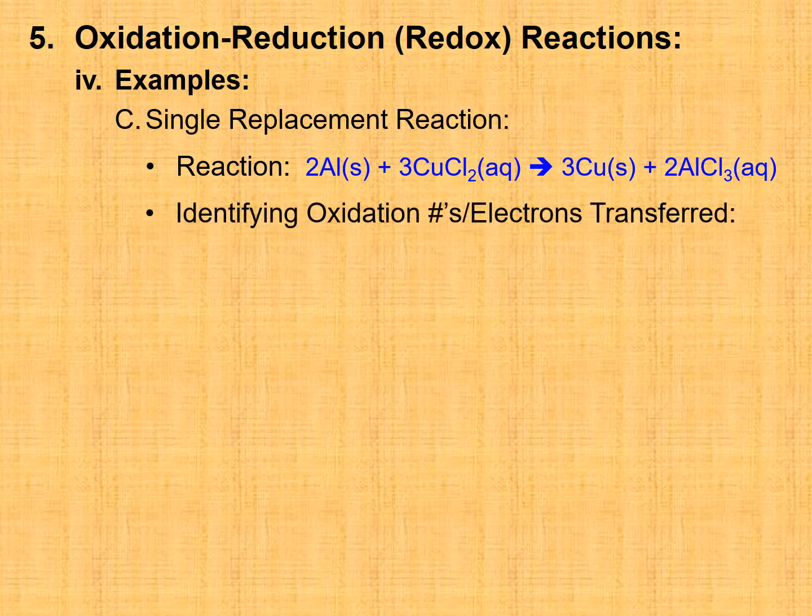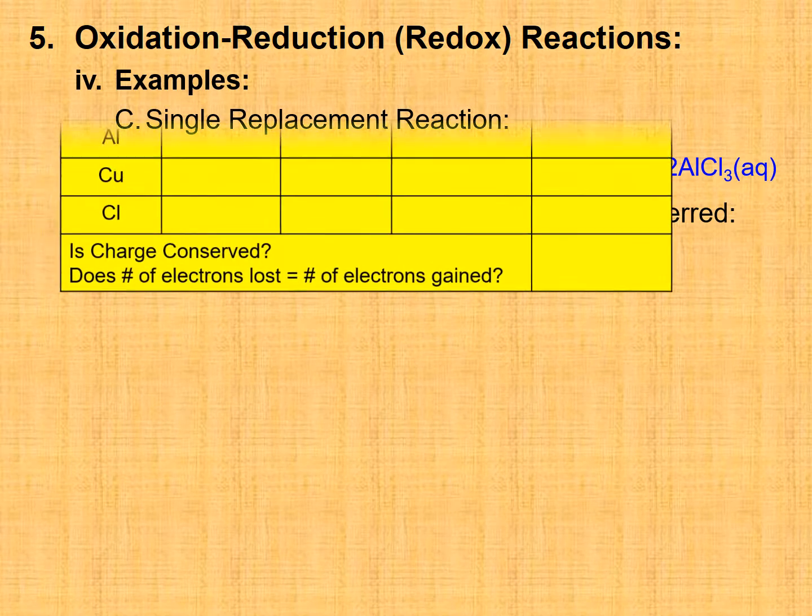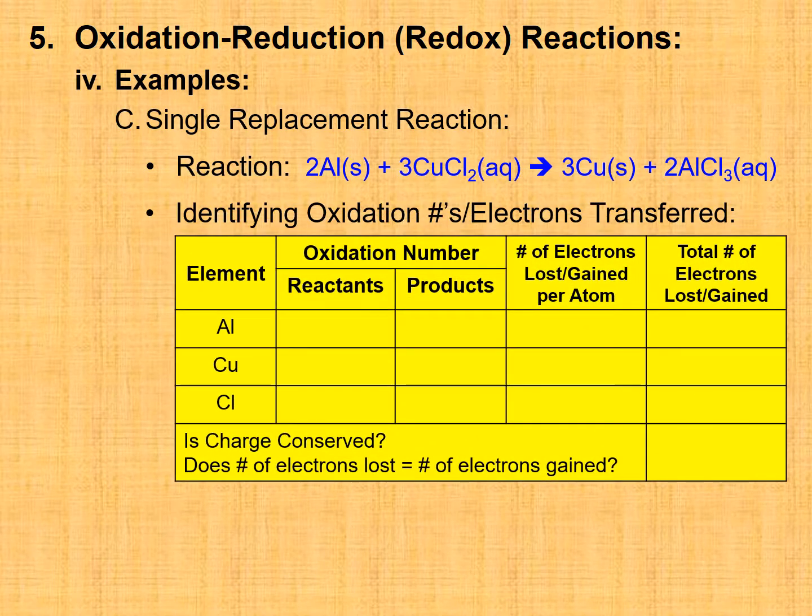As always, we start by identifying the oxidation numbers for each type of atom that exists in both reactants and products. So in this example, we need to consider the atoms aluminum, copper, and chlorine. Since aluminum starts out as a pure metal, it has an oxidation state of 0 as a reactant.